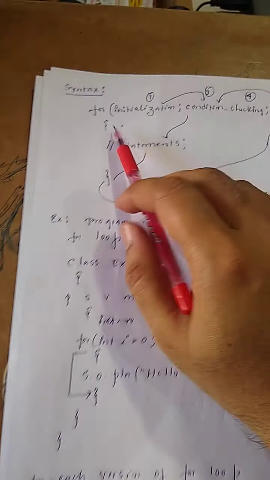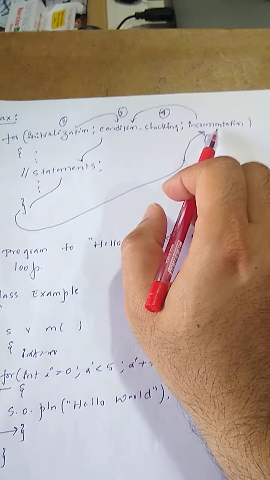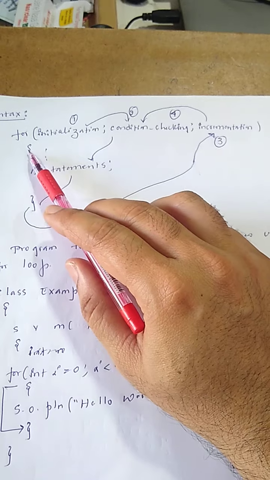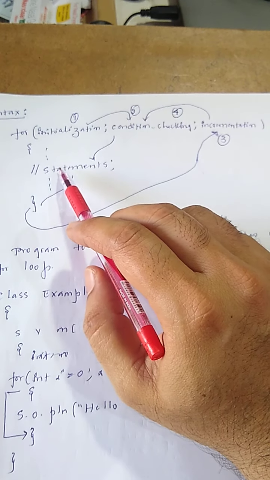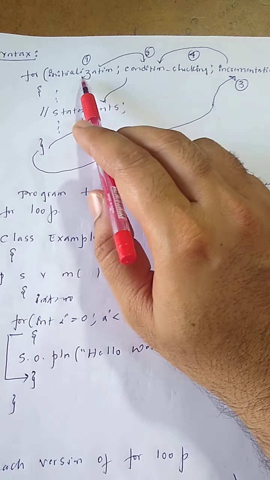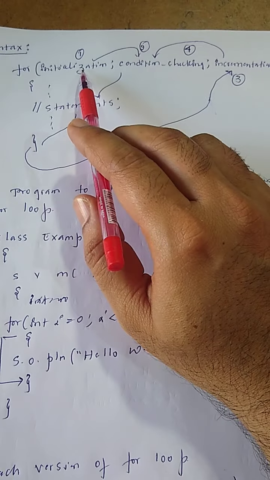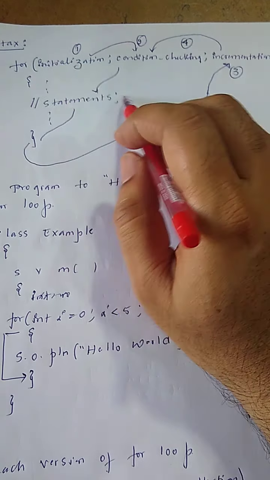Next, what is the syntax? So: initialization, condition checking, then incrementation. This is the body of your for loop, where we have one or more statements. So what is the working procedure of the for loop? First is initialization. It will initialize, then it will check the condition.